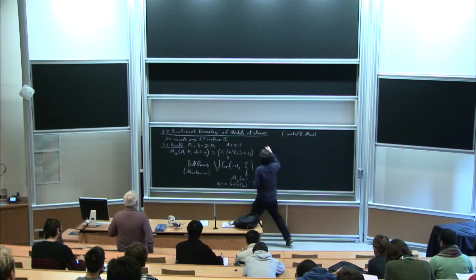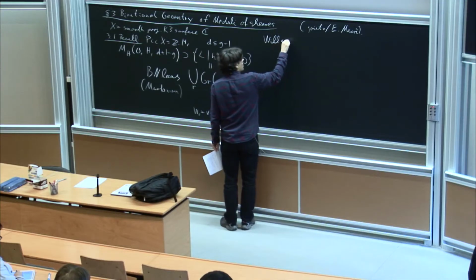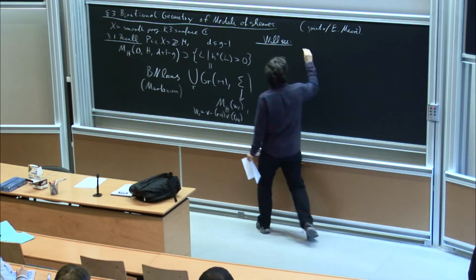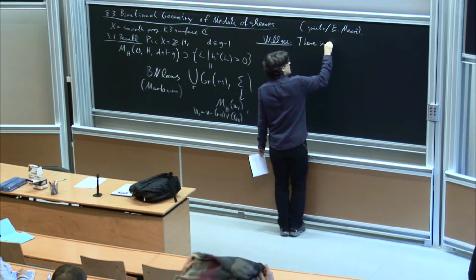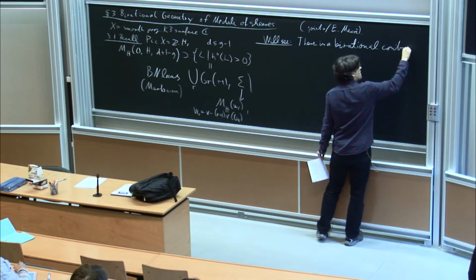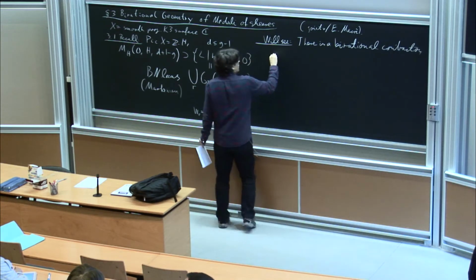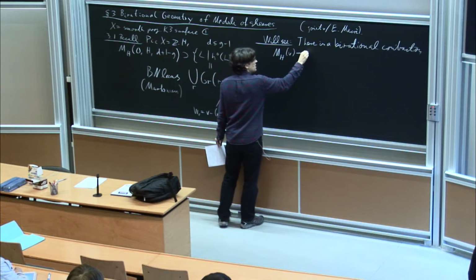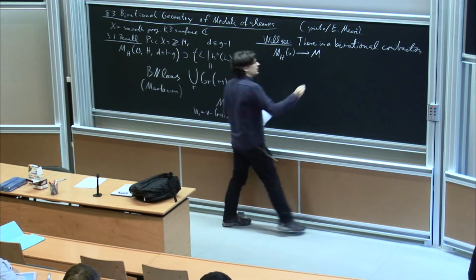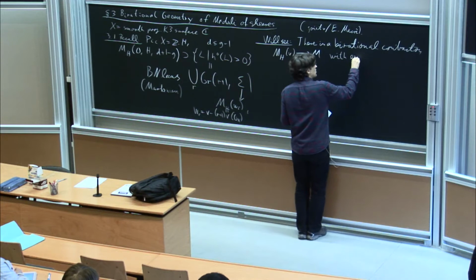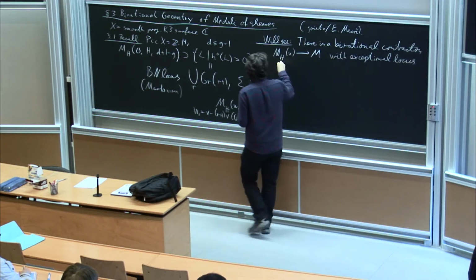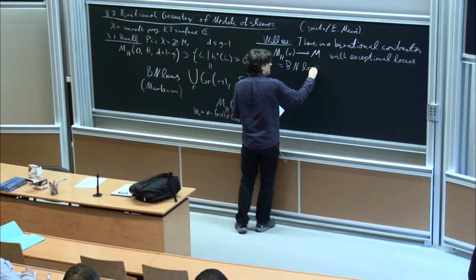What the results today will imply is that there actually is a birational contraction from this M_H(v) to some singular variety that precisely contracts this Brill-Noether locus, with exceptional locus equal to the Brill-Noether locus.